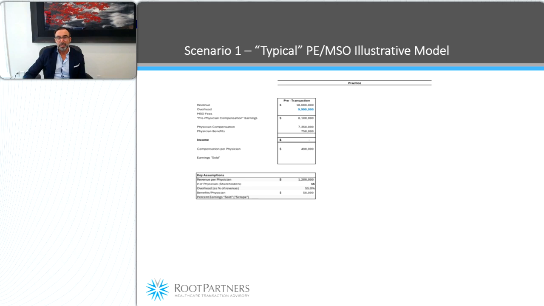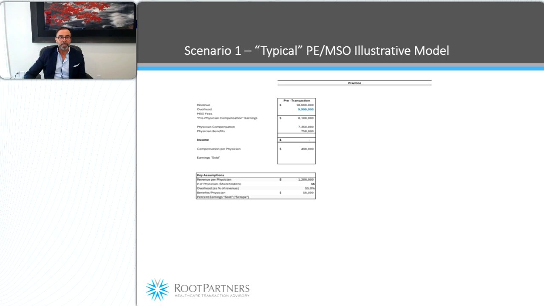So this is not the end of it. You will see 3 more additional add-ons with different components as we explore this private equity MSO structure. So what I've done here is to create some illustrative numbers. It's not any specific practice per se. I made up some things.